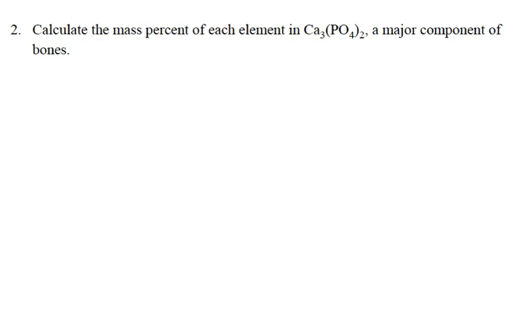So you do the exact same thing here, so I won't explain it as much. The mass percent of each element in this. I'll just do the math for you so you can see.